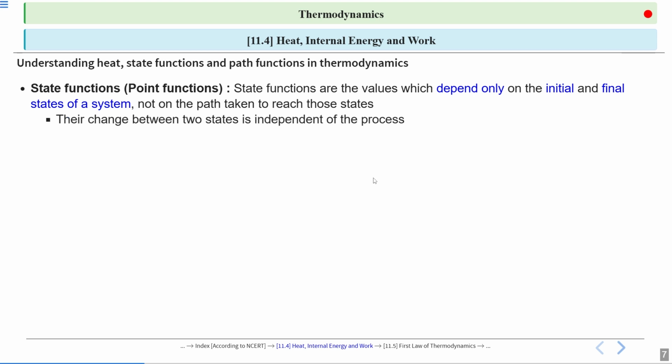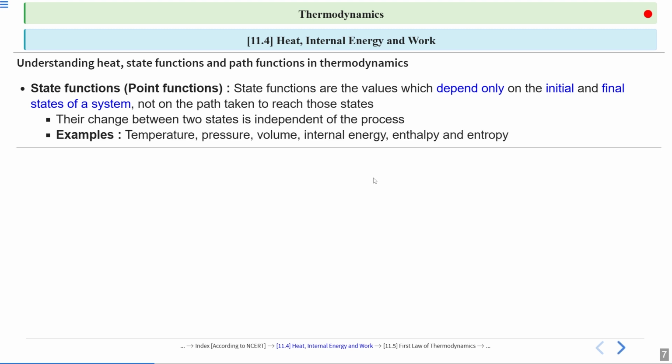Their change between two states is independent of the process. Examples: temperature, pressure, volume, internal energy, enthalpy, and entropy. So these are examples of state functions which depend on the initial point and final point, or we can say initial state and final state of a system.